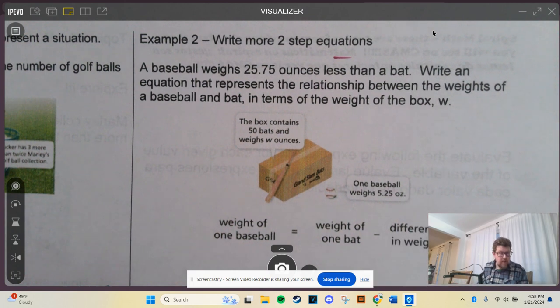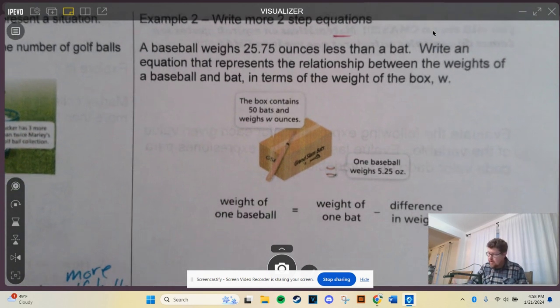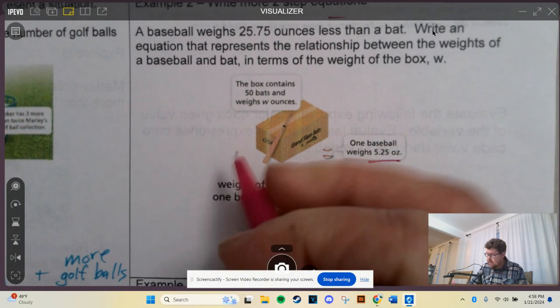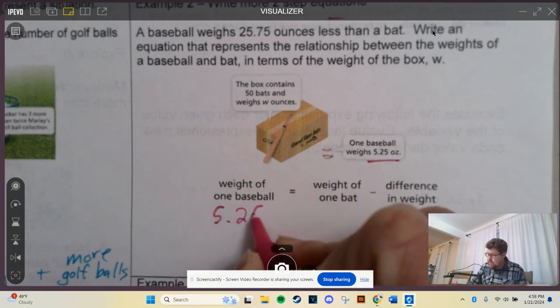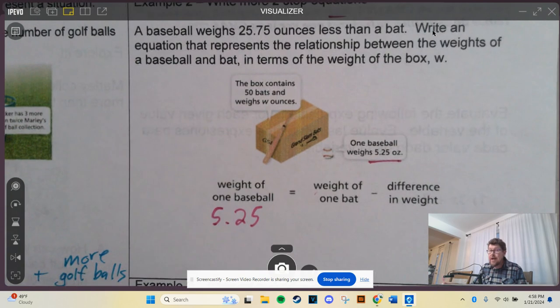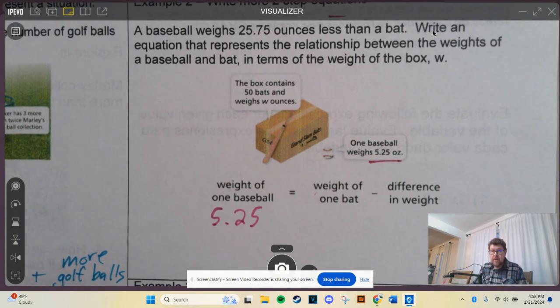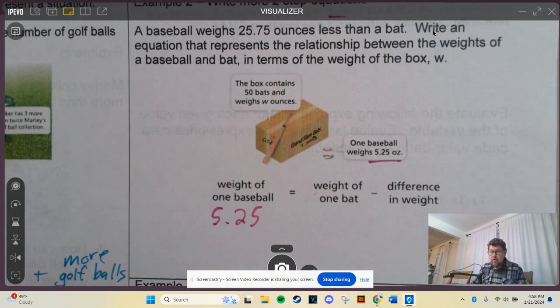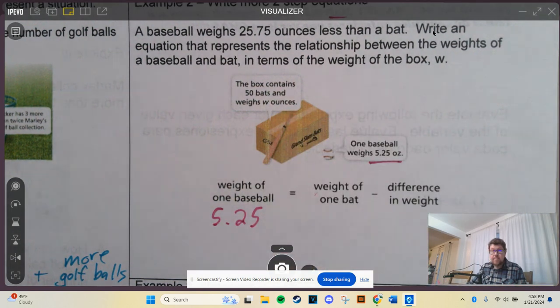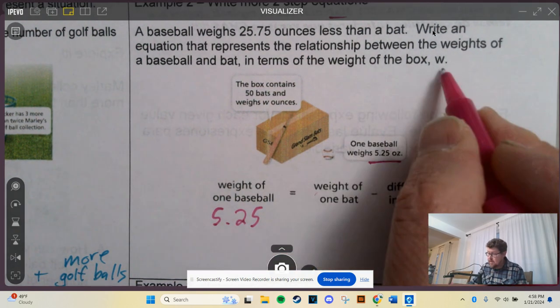Boom. So the weight of one baseball, we get that number right there, that 5.25. The weight of one bat, we're not given the weight of one bat, right? However, we know that this box has 50 of them and weighs W ounces, and that's the weight of the box, that W.